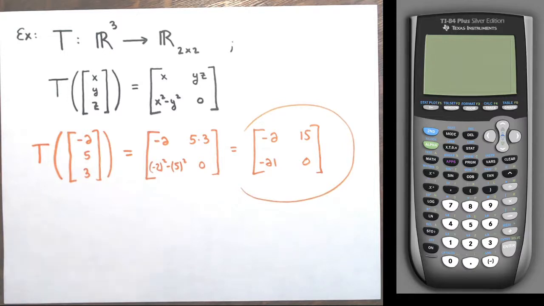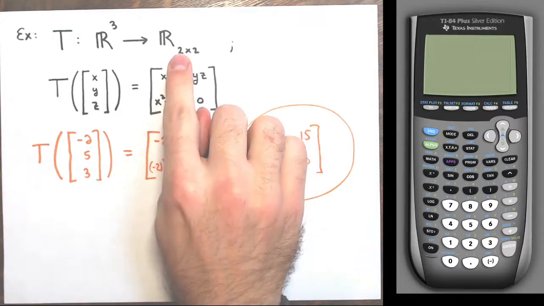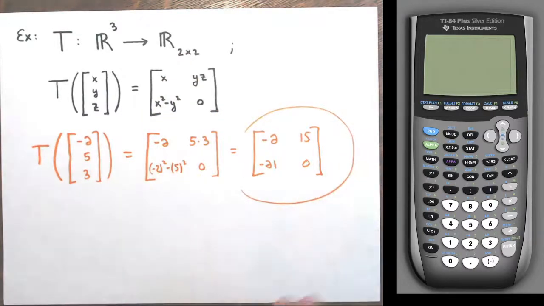It's just a lot of replacing your input variables with specific values, and then finding the outputs and making sure the outputs are in the correct form. If my codomain is a set of 2 by 2 matrices, my output had better be a 2 by 2 matrix. If my codomain is P3, my output had better be a polynomial of degree 3 or less.